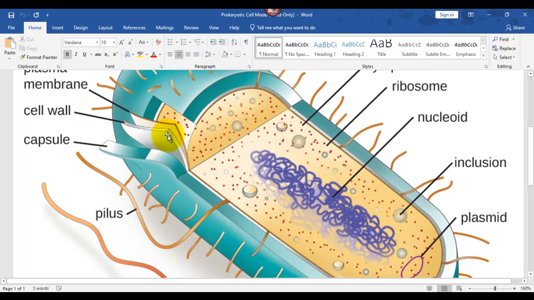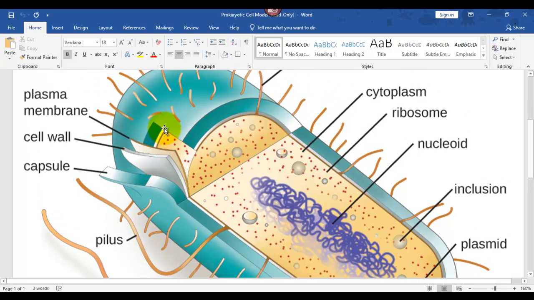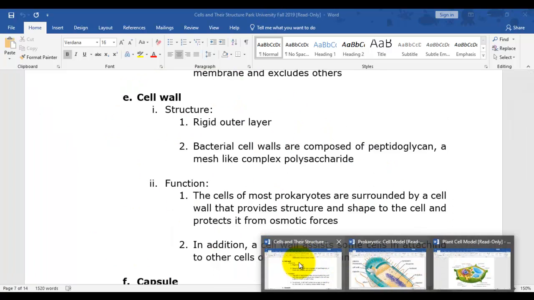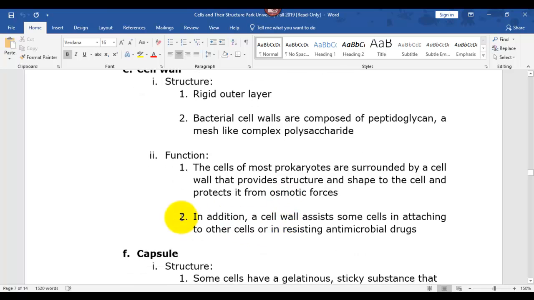So there's the cell wall. You can see it's pulled back here. So cell membrane or plasma membrane, cell wall. And then not all prokaryotic cells have this, but this one has a capsule. Function: most prokaryotes are surrounded by a cell wall. It provides structure and shape for the cell and protects it from osmotic forces. We'll get to that in the very last video.